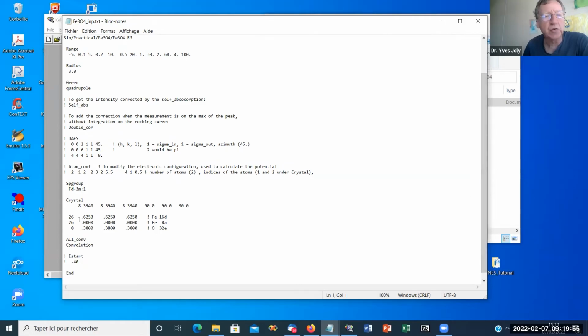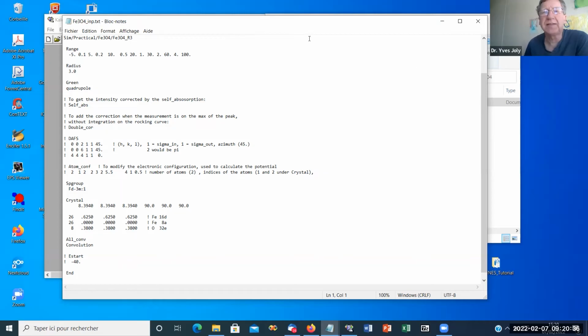You can see that there are 2 non-equivalent iron atoms, and I know, because I have already worked with magnetite, that this one is octahedral iron with an octahedron of oxygen around it, slightly distorted, and you have 16 equivalent octahedra, 16 equivalent iron, and this one is tetrahedral iron with 4 oxygen around, and of course you have different oxygen, and you have 32 oxygen.